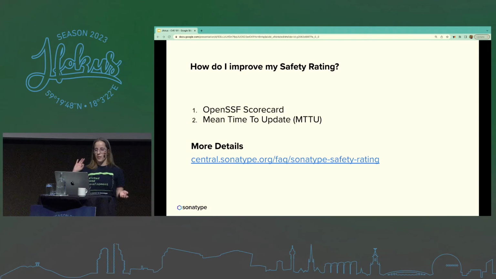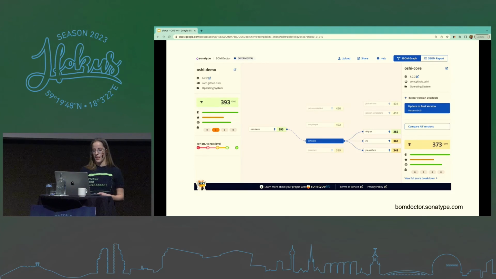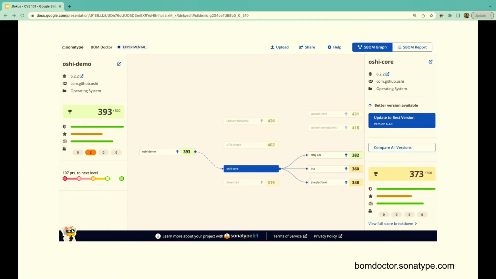All right, the third thing on Maven Central that you may find interesting in terms of security is the BOM Doctor that I mentioned. This is intended to give even more insight into dependencies, especially those tricky transitive dependencies.